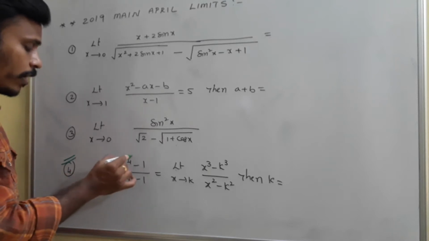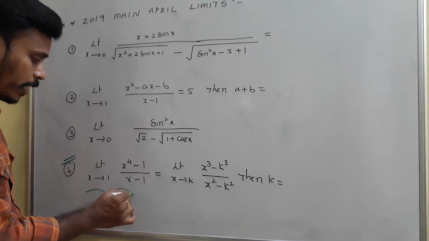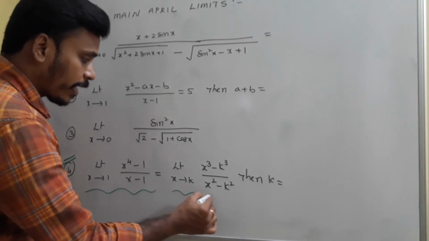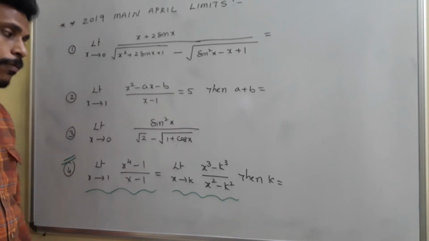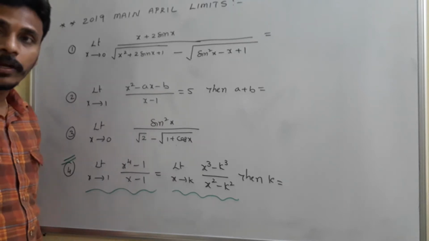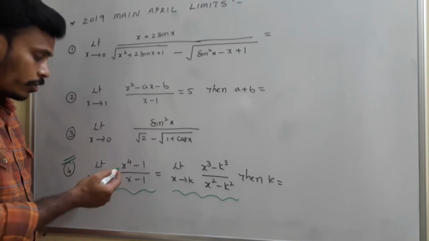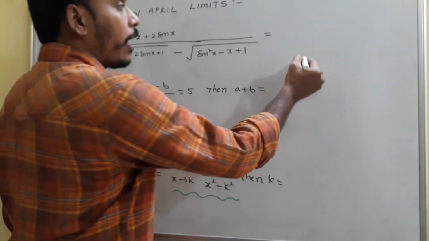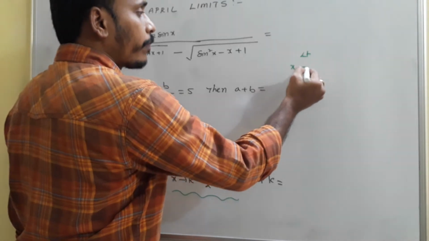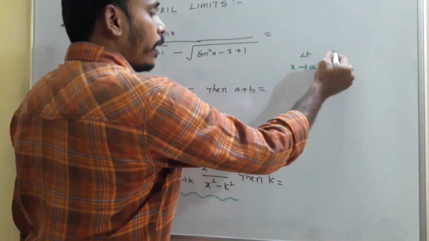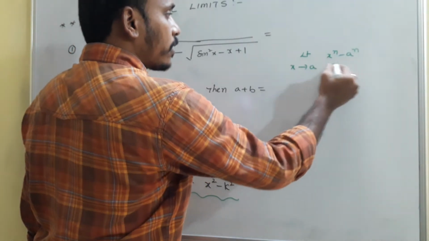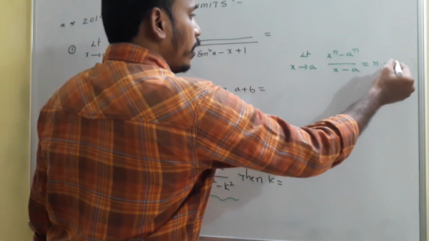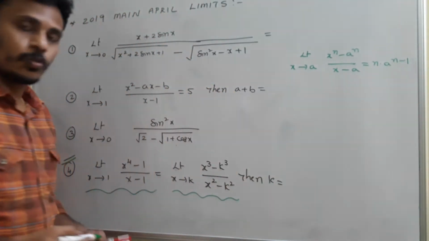Limit x tends to 1 of (x⁴ − 1)/(x − 1) is equal to limit x tends to k of (x³ − k³)/(x² − k²). So this is a standard limit and that is also a standard limit, and we know that limit x tends to a of (xⁿ − aⁿ)/(x − a) is n into aⁿ⁻¹.